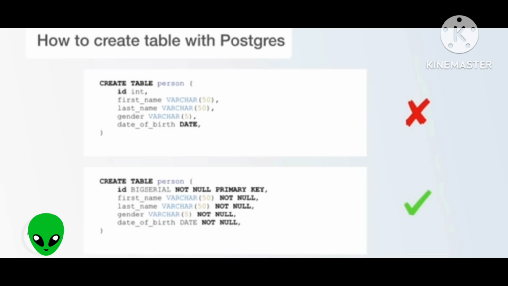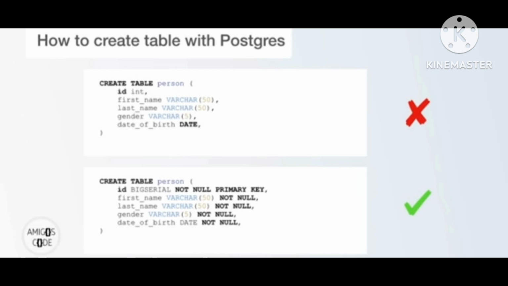I'm going to specify that ID is the primary key for this table, which uniquely identifies a person in the table. The same for first name, not null. So if you want to insert a person into this table, you should specify first name, last name, gender, as well as date of birth.